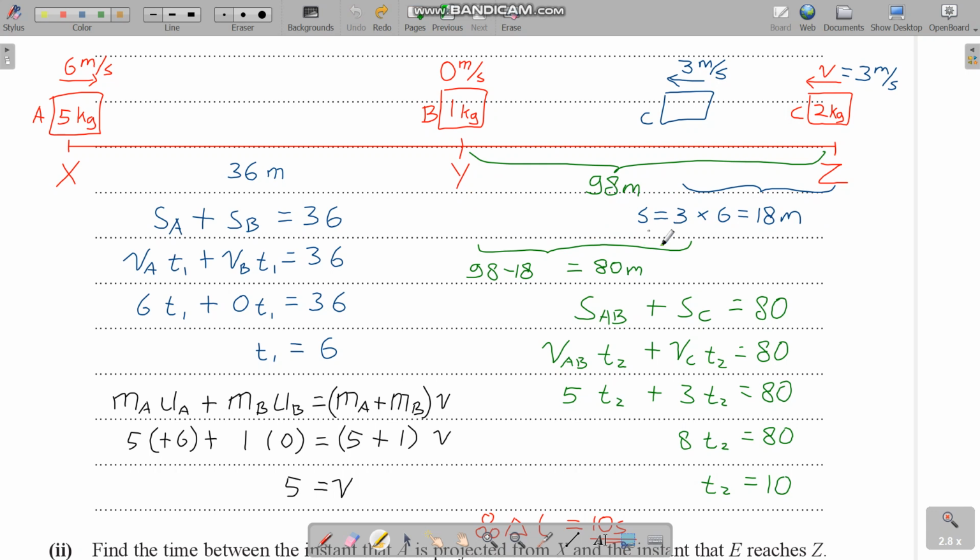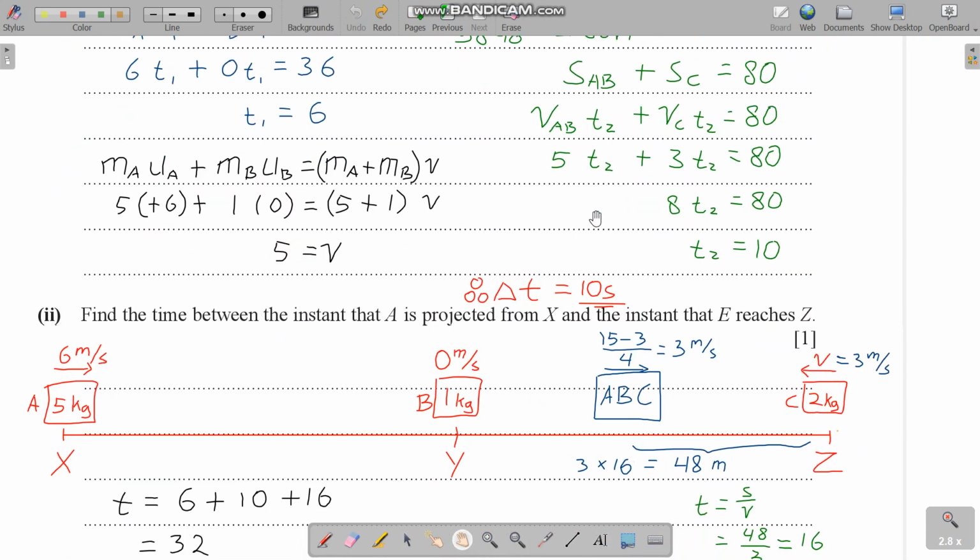So this 80 is the total distance traveled by the combined particle AB and C. This is the distance traveled by the combined AB plus the distance traveled by C. The total is supposed to be 80. So now we need to find the time. Velocity of AB is 5, and velocity of C is 3. This T2 would be the time for AB to go here and C to go here when they collide for the second collision. So the time between the first collision and the second collision is 10 seconds.